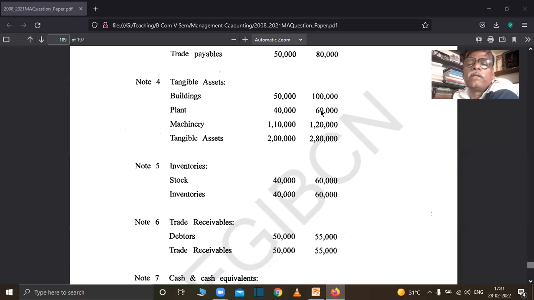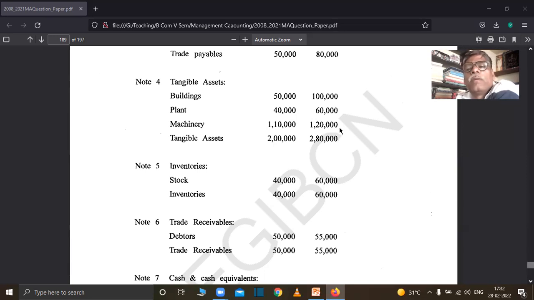Plant 40,000, 60,000, 20,000 increase. So plant purchase is also outflow of cash. Machinery 1,10,000 to 1,20,000. Okay, here also there is change, increase. So there is a purchase of machinery. So total is there. You don't consider this total. So these three assets increase, that is the purchase. And you see the adjustment.